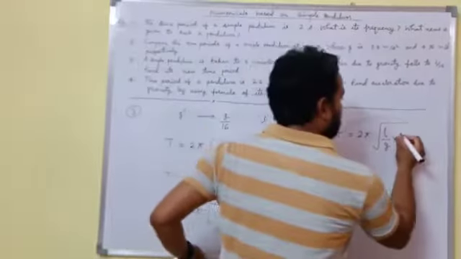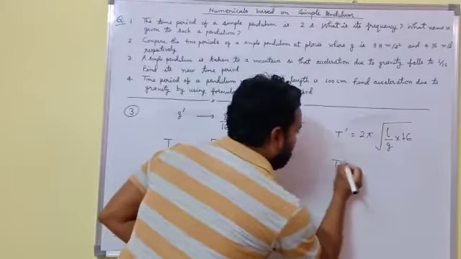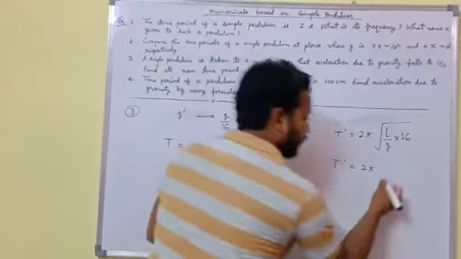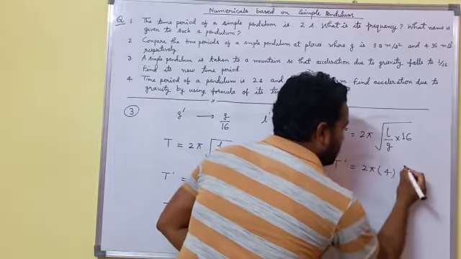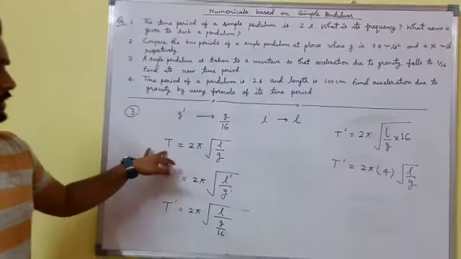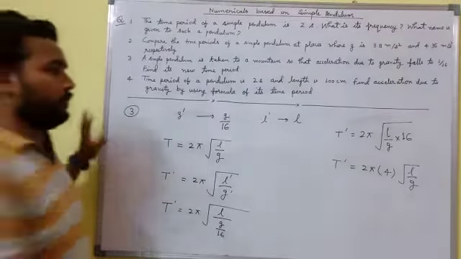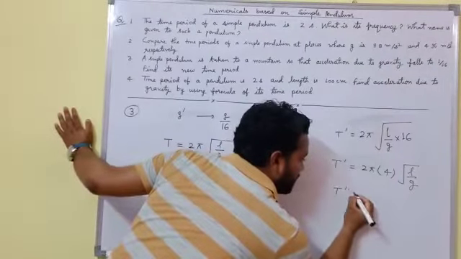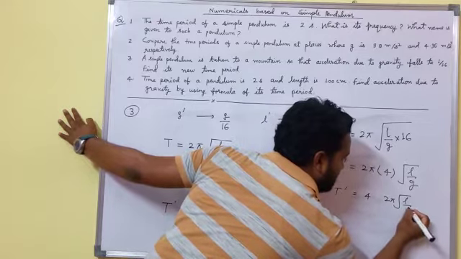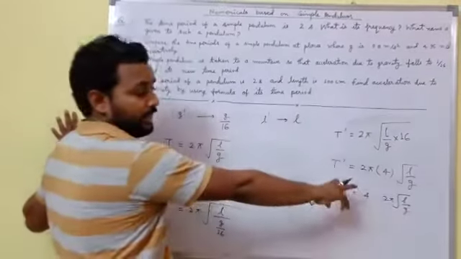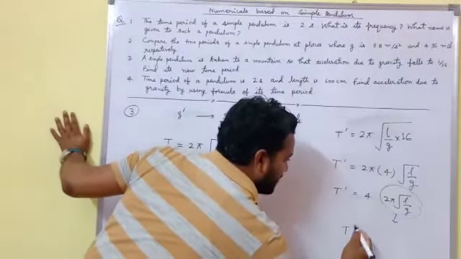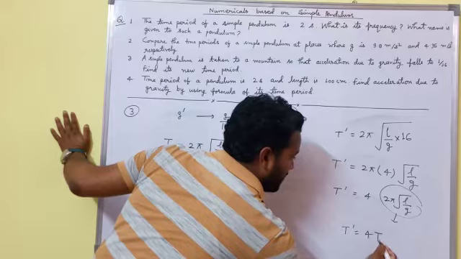The square root of 16 is 4, so T dash equals 4 into 2 pi root L by g, and this 2 pi root L by g is T. So we can write T dash equals 4T.